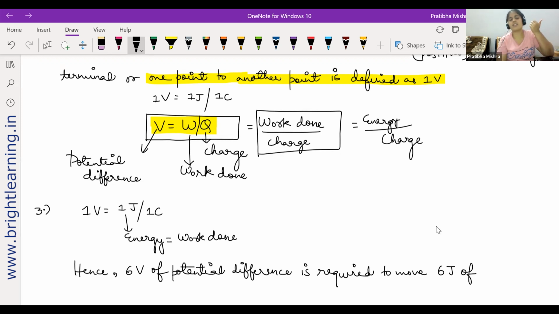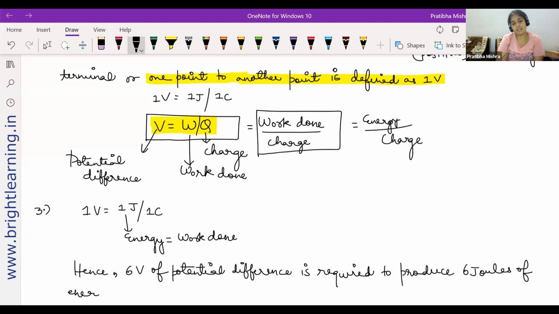It's nothing but 6 joules, which is the work done. Not exactly to move, but as according to the question, it is required to produce 6 joules of energy. That was the question: 6 joules of energy.